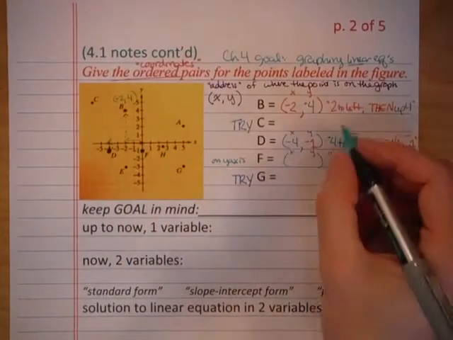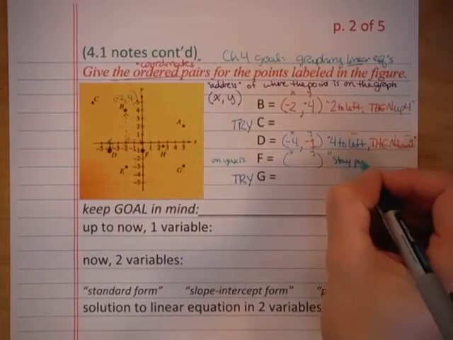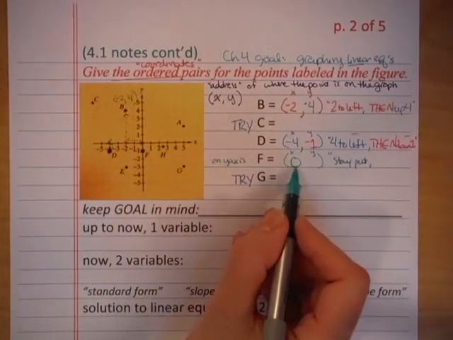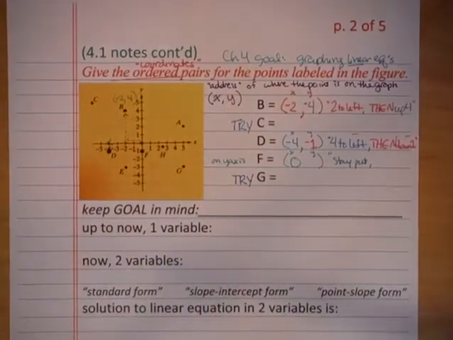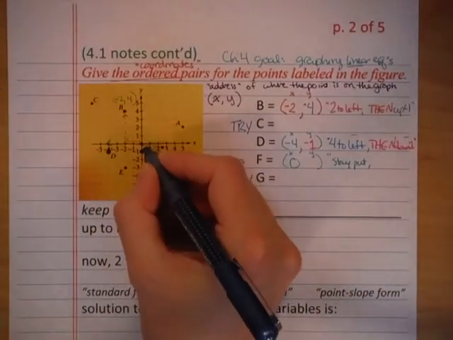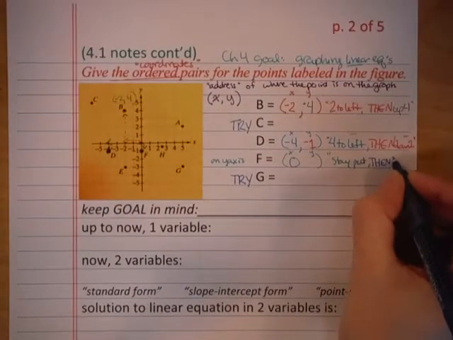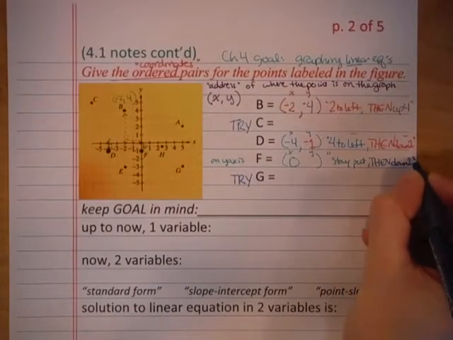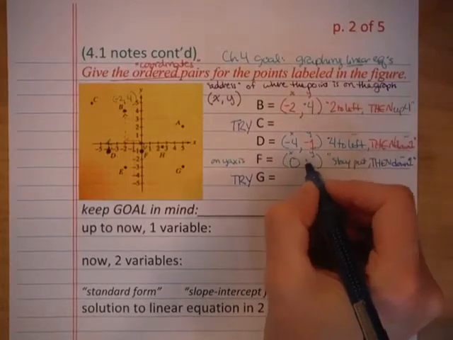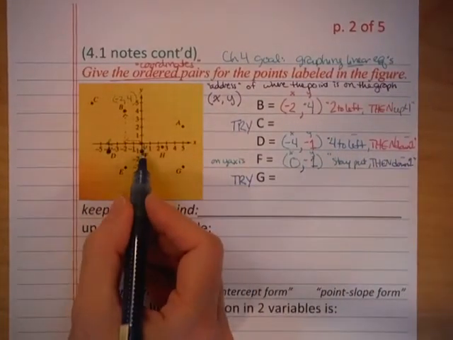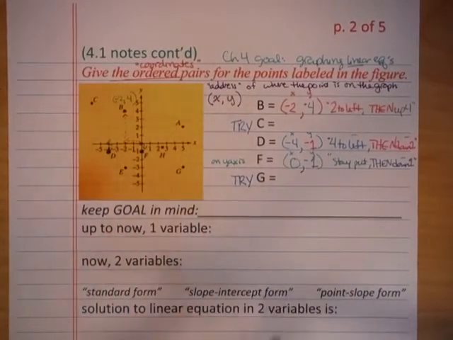You're staying put, which means there's a 0 coordinate for your x value. And then, to get from the origin down to F, you would go down 1, which would be that negative value. So this coordinate is 0, comma, negative 1, all in parentheses. So the point for F is 0, negative 1.